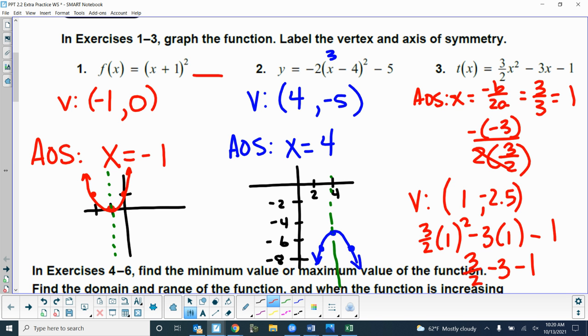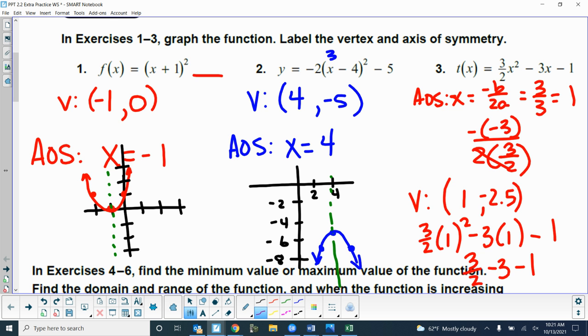So then I just graph. We have our vertex and we have our y-intercept, so I would use the y-intercept for my other point and then reflect it. If I do it in purple over here, since it's 2.5, we're going 1, 2, 3 on each one.